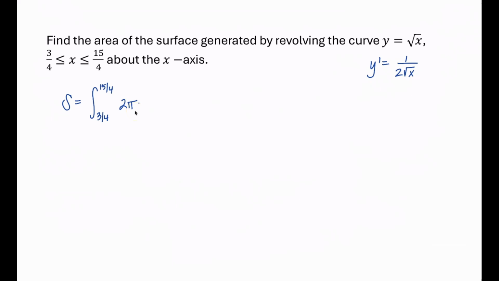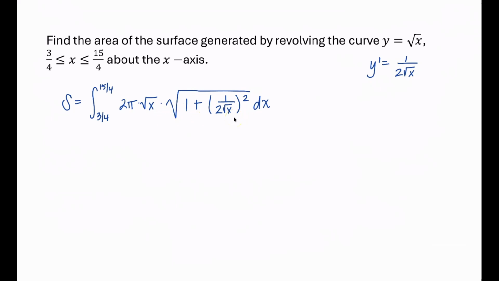So what I want to put here is just radical x, and then times the square root of 1 plus the derivative squared. So that's 1 over 2 radical x quantity squared dx. Here we want to be careful. We don't want to put the variable y because everything here is in terms of x. So we put y is equal to f of x.